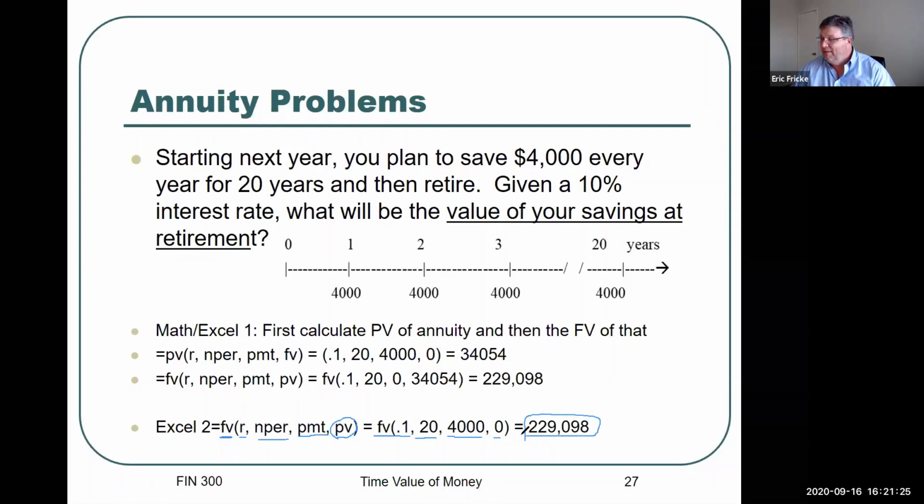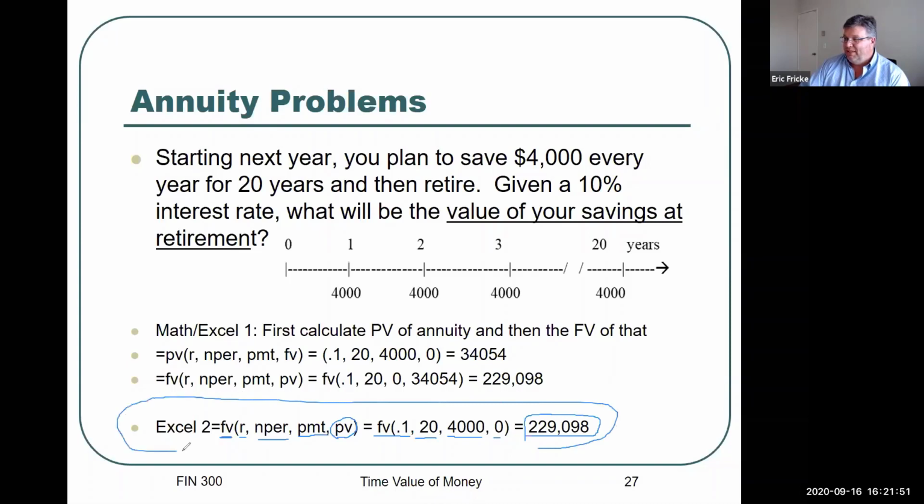So our traditional tools, using time value of money math or even some of the basic formulas we have in the calculator, don't let us really do this. But in Excel, there's this easy way to do it. So you don't have to do it like this, but if you think about it, it does look a lot cleaner.